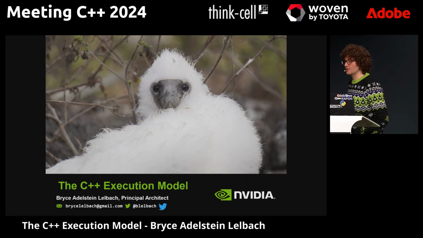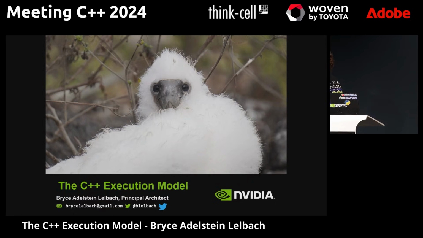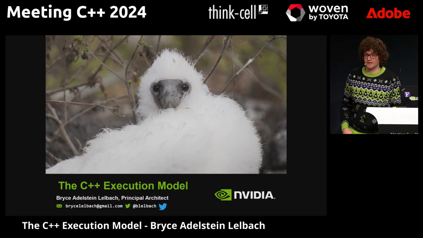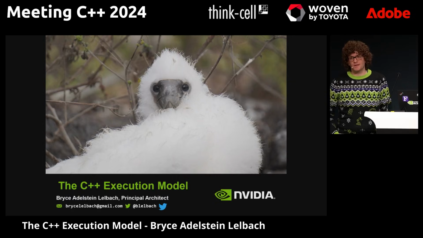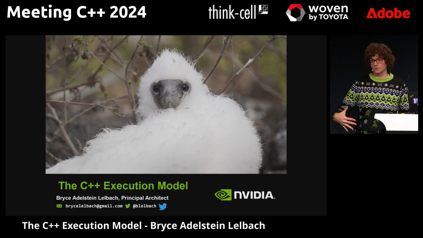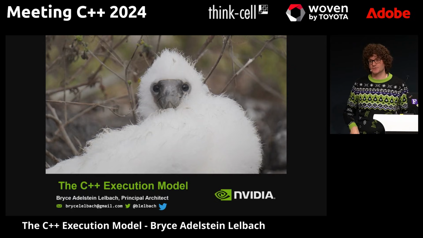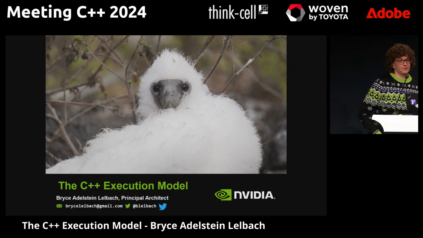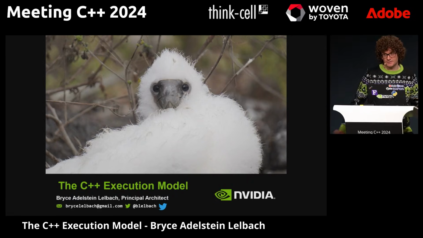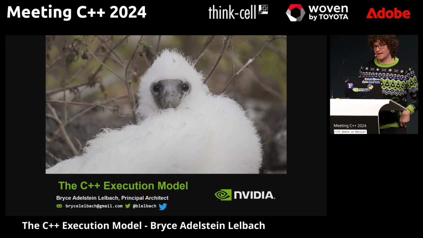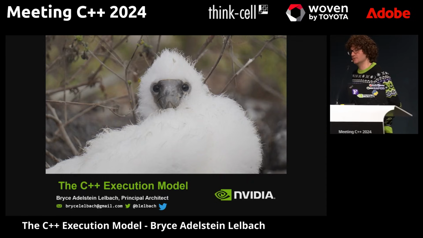Okay, thanks. So there are platforms like NVIDIA GPUs where this is not the case, where we have other types of thread local storage that is not accessible to other threads. In fact, on GPUs, your stack variables that are just local variables in the stack are not accessible to other threads.